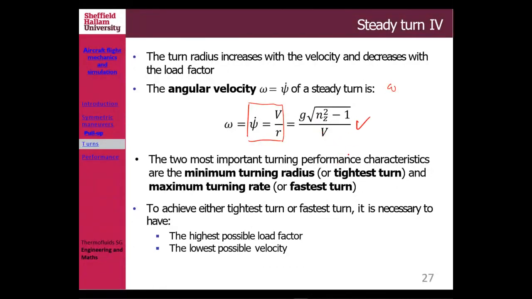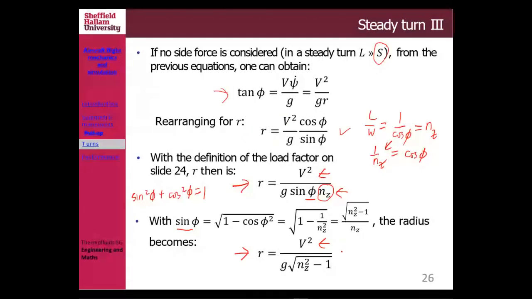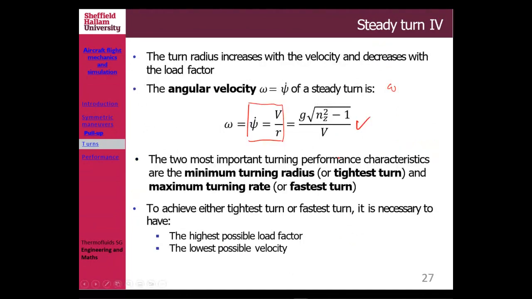Now this equation and the equation before, the first one, actually tell you a lot about how you want to do your maneuver. Obviously, it depends on what aircraft you're flying. If you're a commercial passenger pilot, then the limitation or constraint on your turn is limited by the g-force.